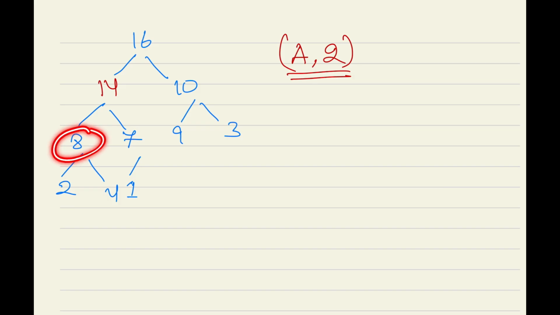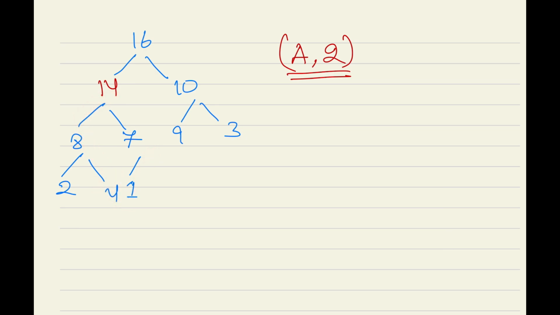Then after swapping, if the subtree does not satisfy the Max-Heap property, again find the largest element and swap. In this way we put the element that violates the Max-Heap property in its correct position, and we proceed towards the leaf node.